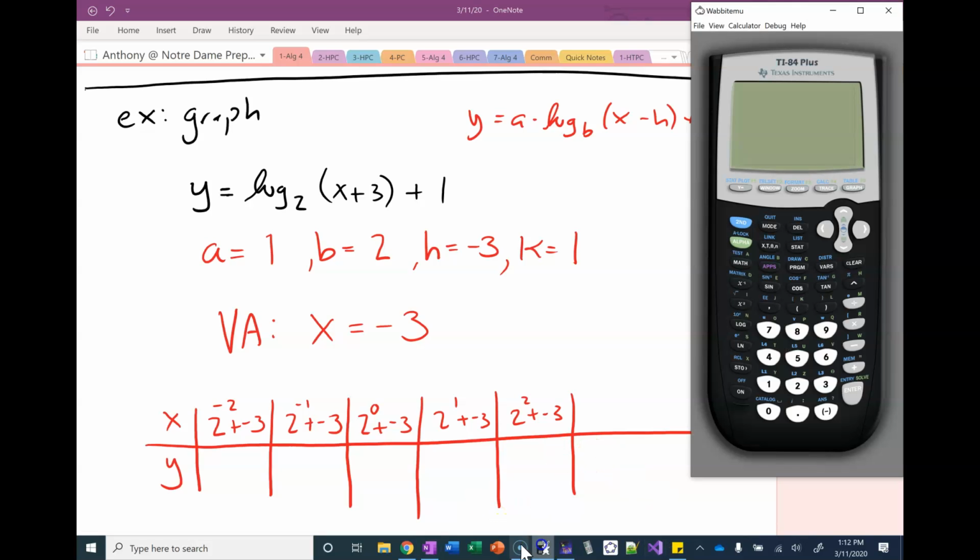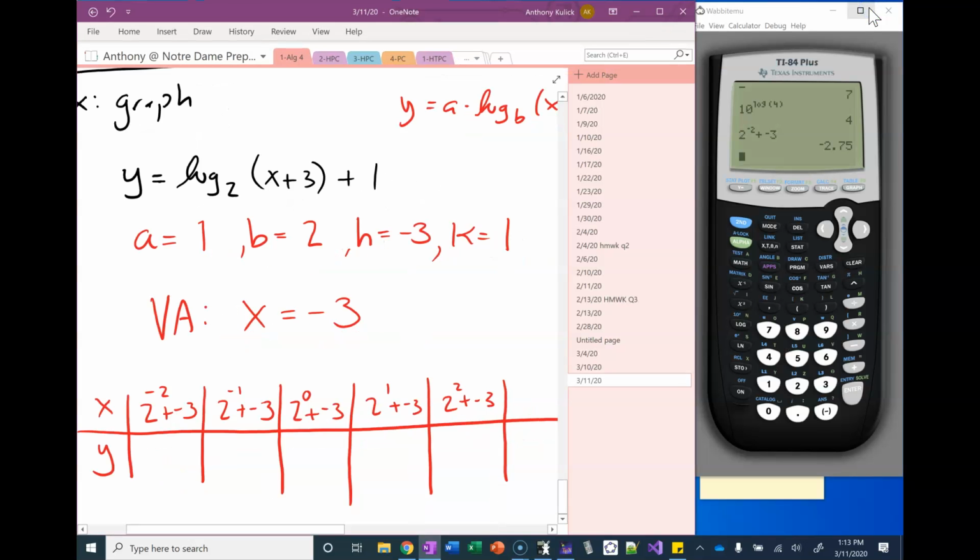Now I'm just going to go ahead and evaluate those on my calculator because I would prefer to have a decimal here for graphing purposes. So that gives me negative 2.75 for my first x coordinate. And if I continue on, I would get those.